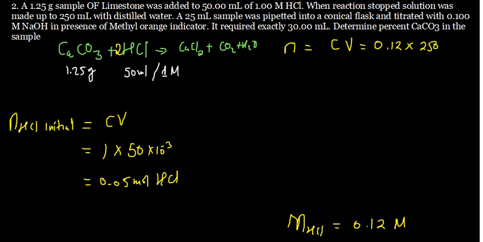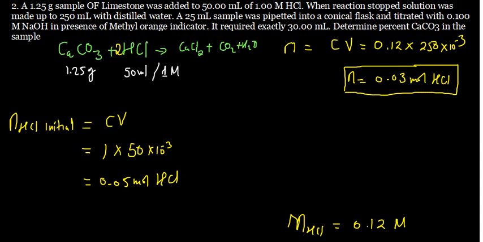That is in mils, so multiply by 10 to the power negative 3. So then that is going to give us number of moles being 0.03 moles of hydrochloric acid.